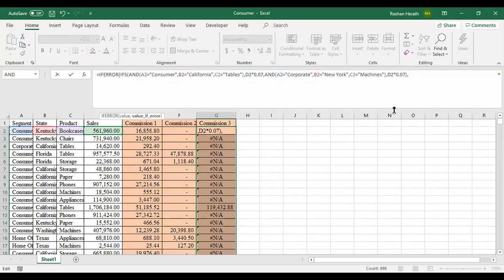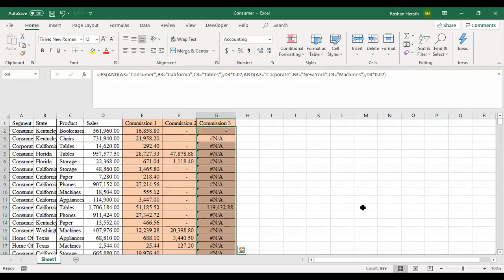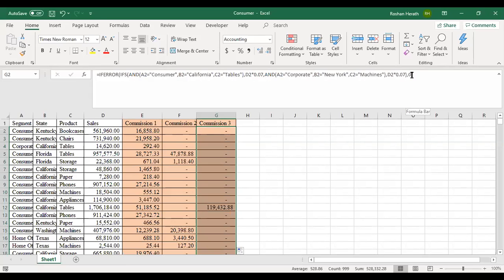We need to put 0 there and close the brackets. If you enter, yes, you can see that now you can easily eliminate that. This is how we apply the IFERROR. So you take IFERROR from the beginning, and then you have the IF function or whatever function that you have, and thereafter at the end you give 0.